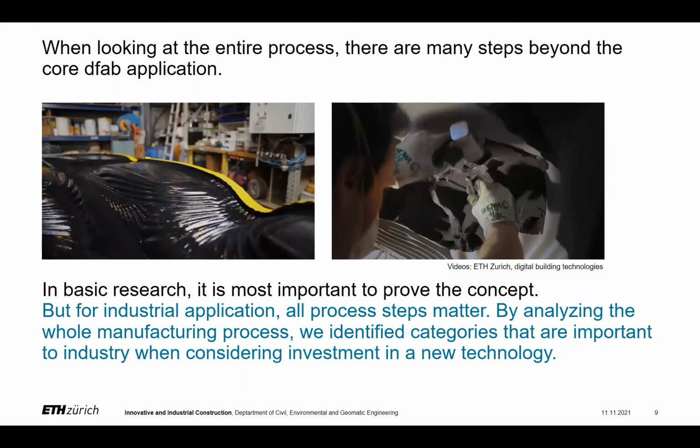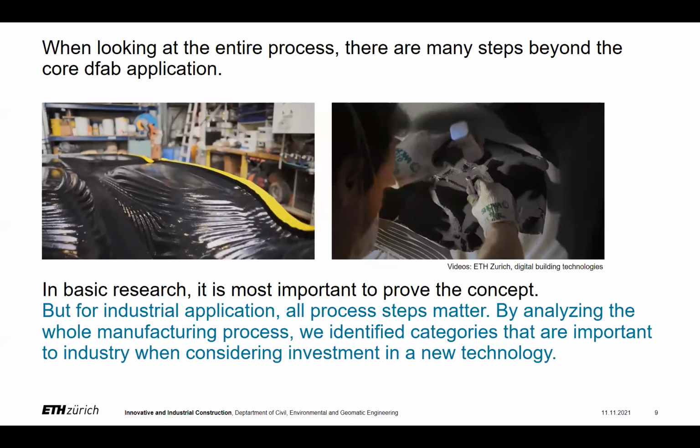But when we are looking at the entire process, it turns out that there are many steps that you need beyond the core dfab application. So the 3D printer is not doing everything in terms of making the building part.